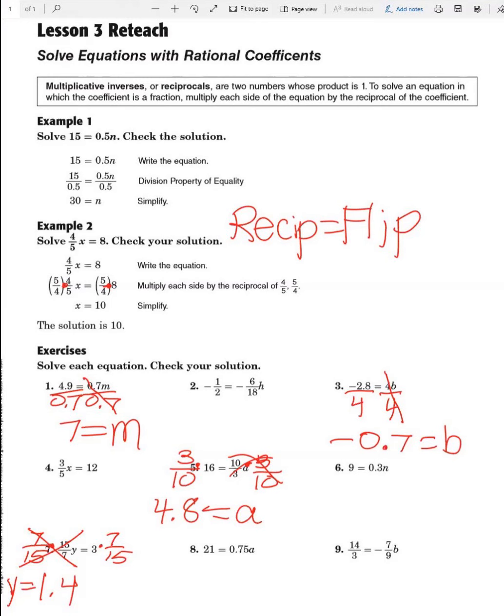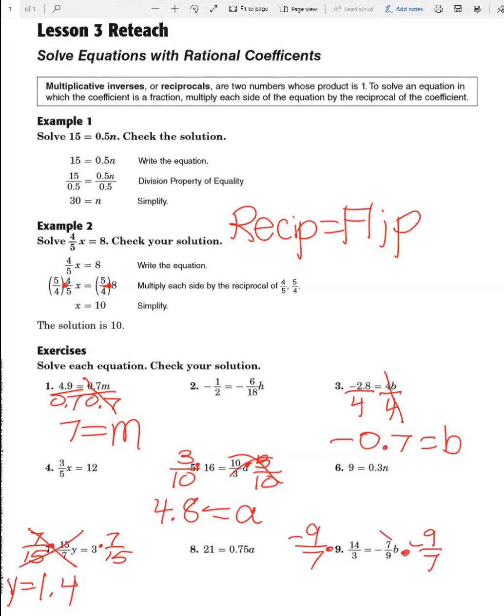14/3 equals -7/9b. In this problem, we have a fraction coefficient. Let's flip the fraction to its reciprocal. Remember, we're only going to flip the coefficient. The reciprocal of -7/9 is -9/7. We're going to multiply times -9/7 on both sides.